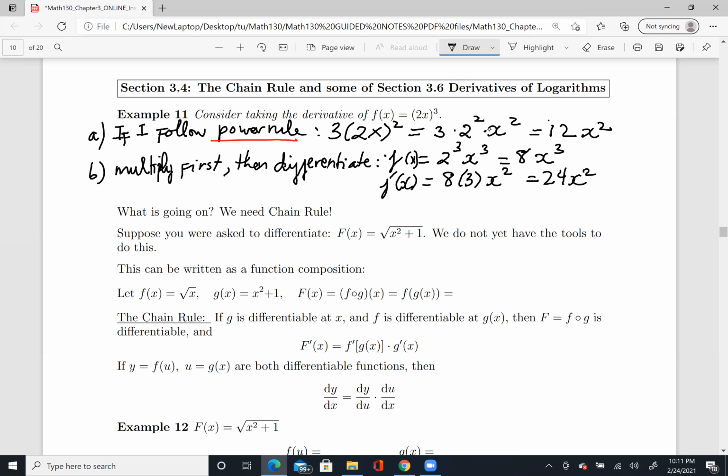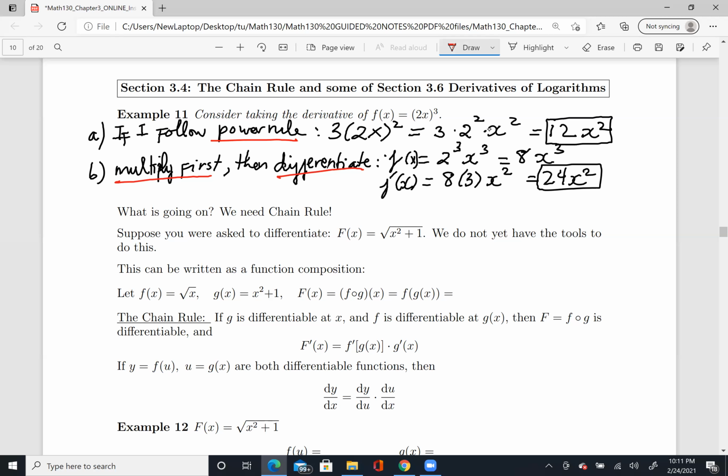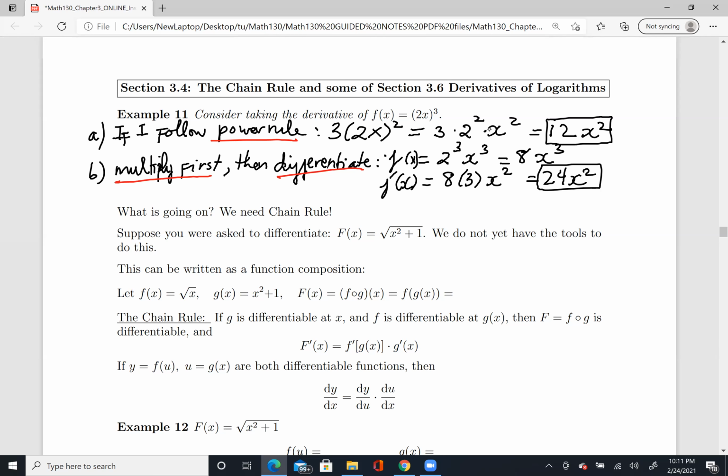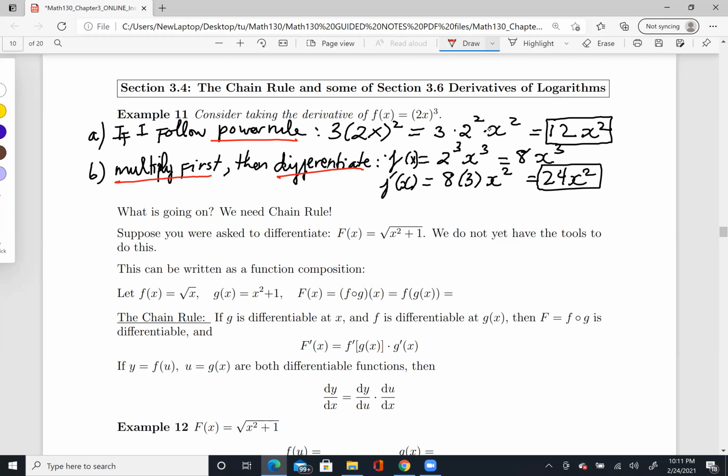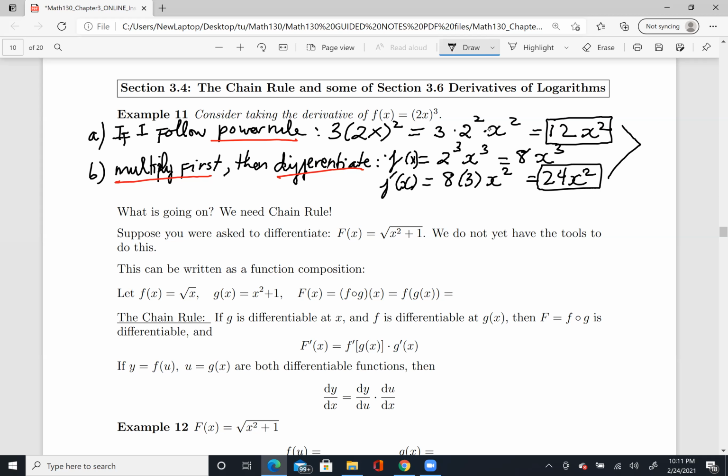So compare, let me circle this and this. This is when I try to multiply first and then differentiate, right? If you compare to this answer, you can see that they're different, and they're not close, right?